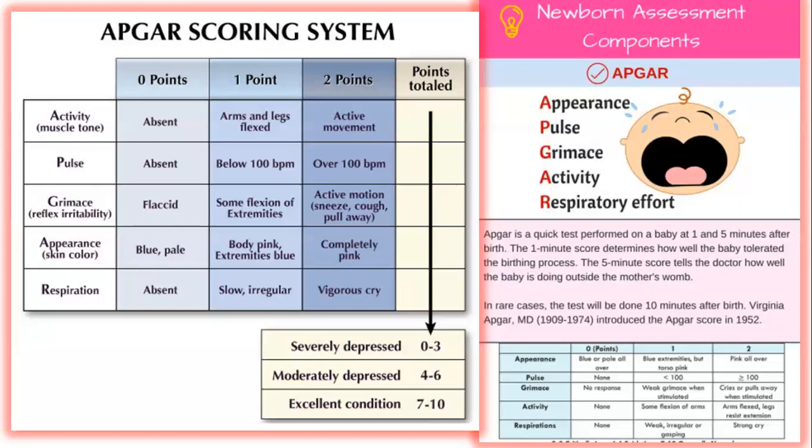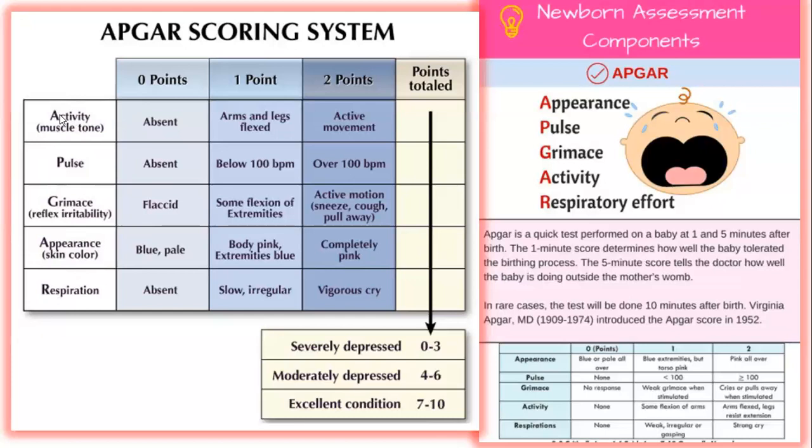So APGAR score is a measure of the physical condition of a newborn infant, and it is obtained by adding points, right? So you can see the activity, muscle tone, pulse rate, also grimace which reflects irritability, appearance, skin color, and respiratory rate. So we have points for heart rate, respiratory effort, muscle tone, and also response to stimuli.